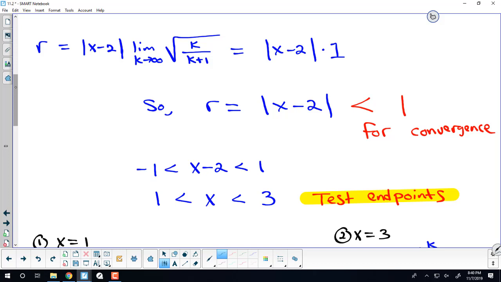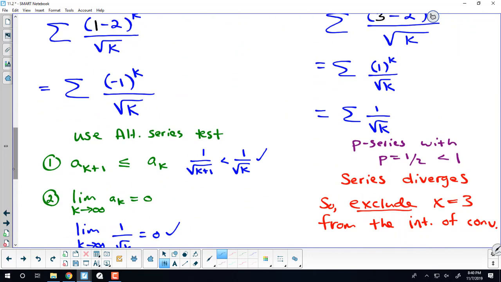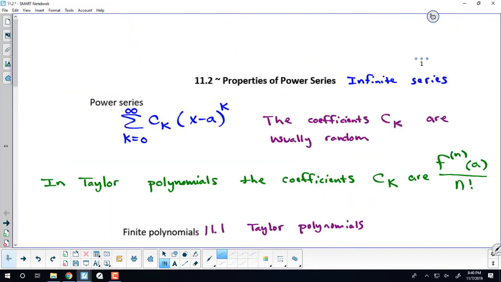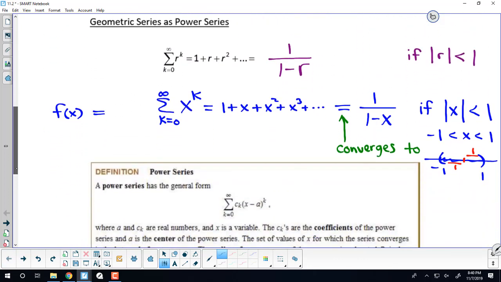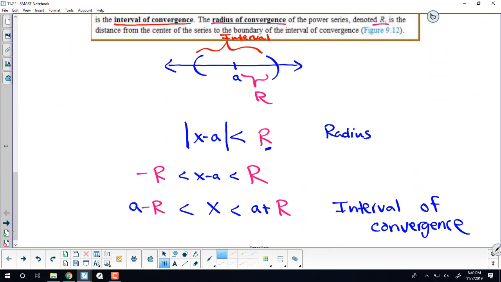The other one we had, like the absolute value of x minus 1 is less than 2. That radius was 2. So that's where we get that from. If we could go back to that first page, it might make a little more sense. When you have that right there, that is your radius of convergence. And then we expand that out to get the interval.